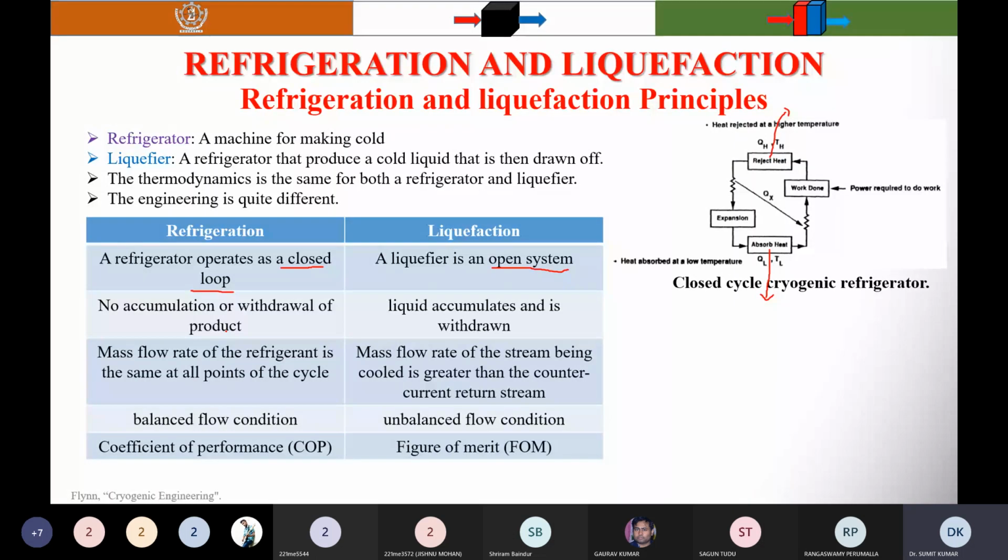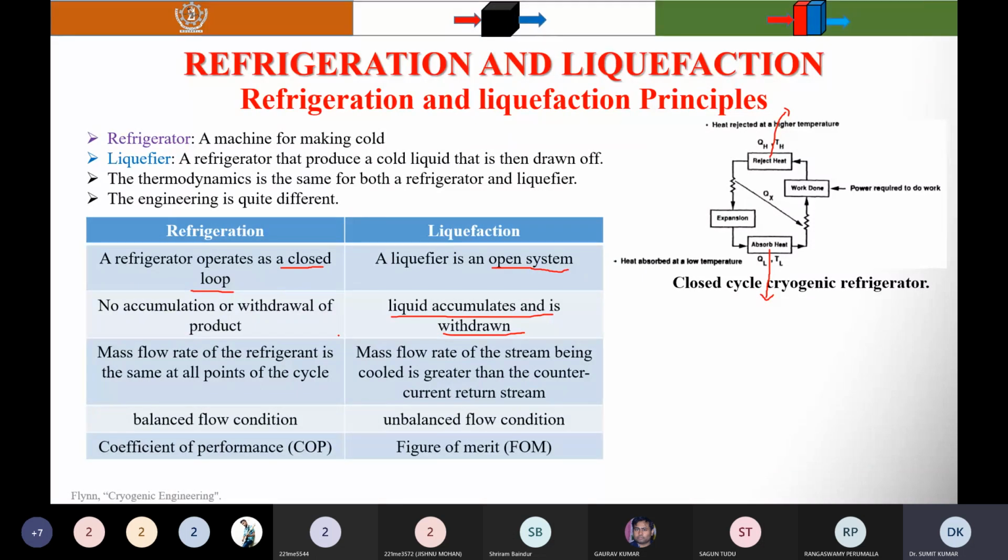There is no accumulation, meaning you can't store the working fluid. It is flowing throughout the device, or you are not going to withdraw any working fluid. But here the liquid accumulates and it is withdrawn. So this is the basic difference between refrigeration and liquefaction.